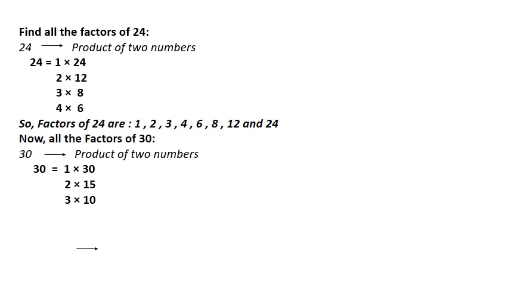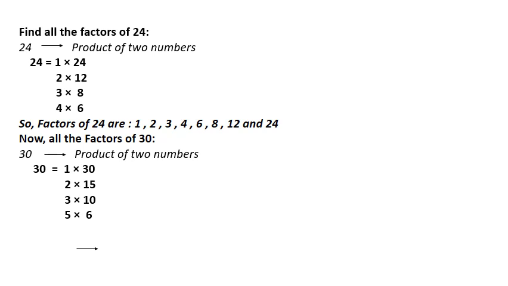After 3 comes 4, but 30 is not divisible by 4. So then we will move to the next number, that is 5, and we will find the combination with 5. That is 5 sixes are 30. After 5, the number 6 comes, which you can see is already covered over here.